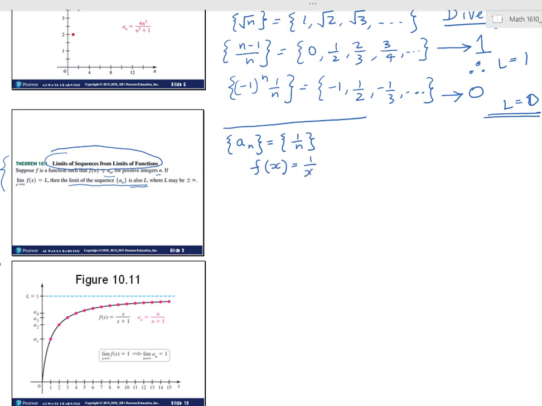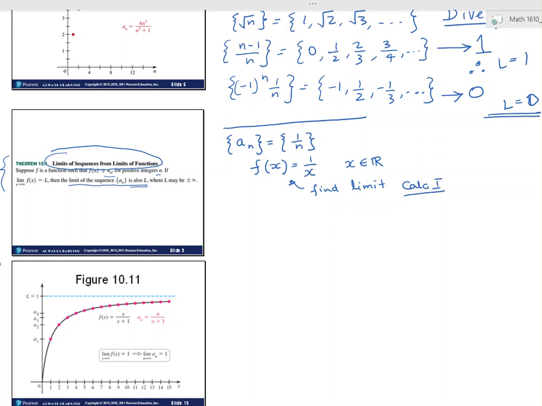So that is 1 over x. Now when you write something as a function f of x, then x are real numbers, and therefore we can study this and find the limit using techniques that we learned in Calc 1.